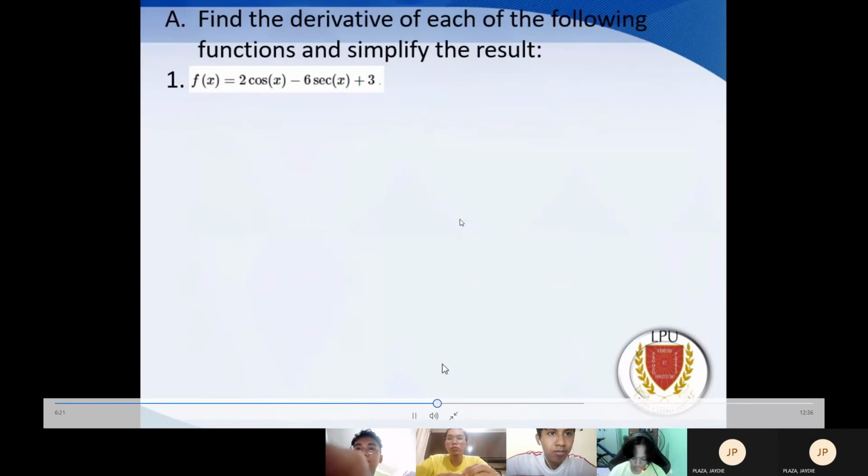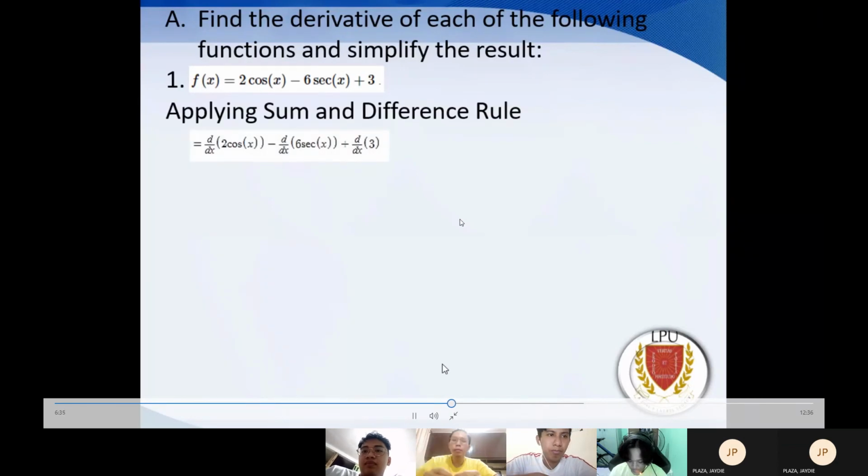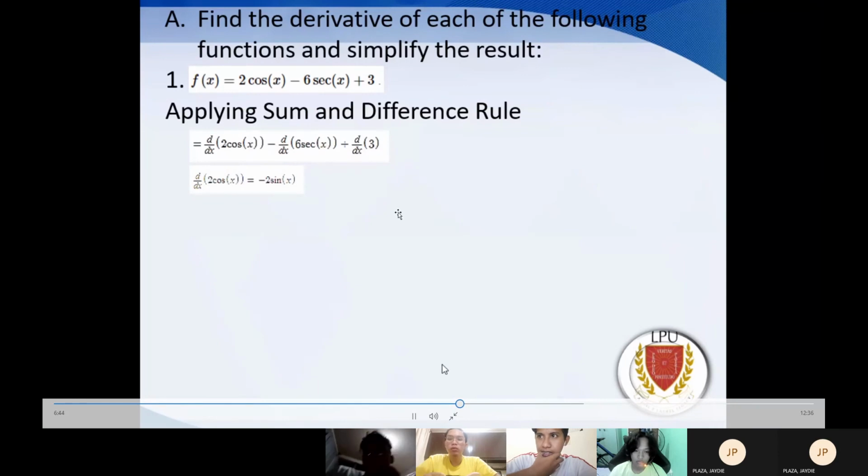Letter A, let us find the derivative of the following functions and simplify the result. Given f of x is equal to 2 cosine x minus 6 secant x plus 3, applying the sum and difference rule, the derivative of 2 cosine x minus the derivative of 6 secant x plus the derivative of 3, we have that one by one, per term.